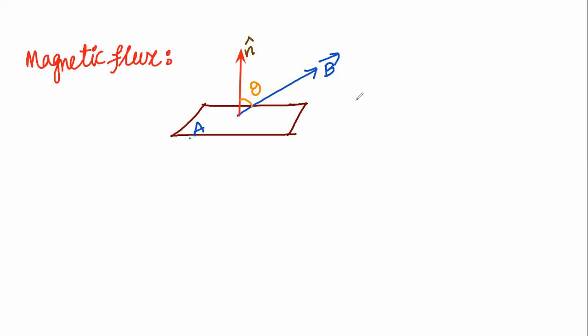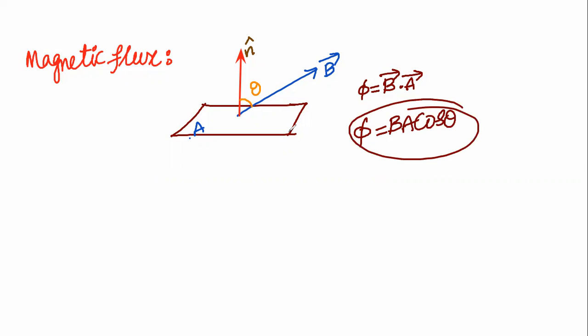Therefore, magnetic flux phi is equal to B bar dot A bar. Otherwise, we may write flux phi is equal to BA cos theta.